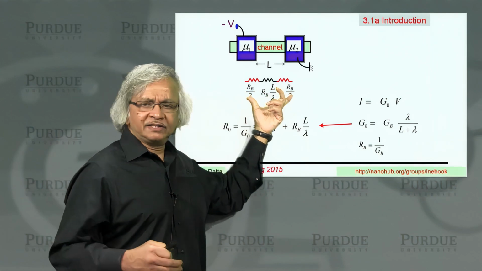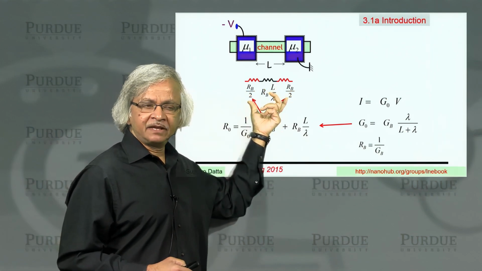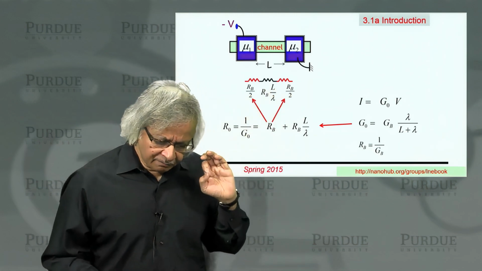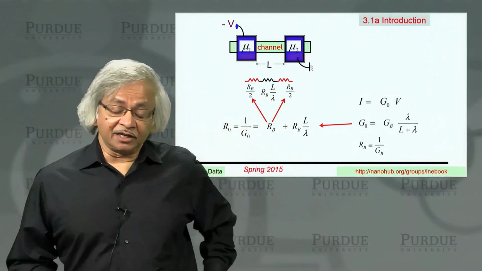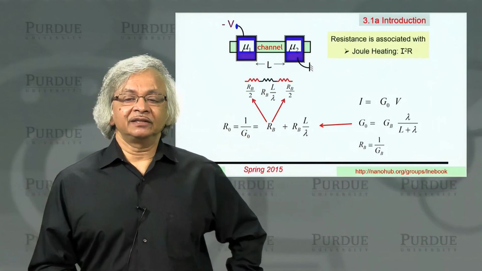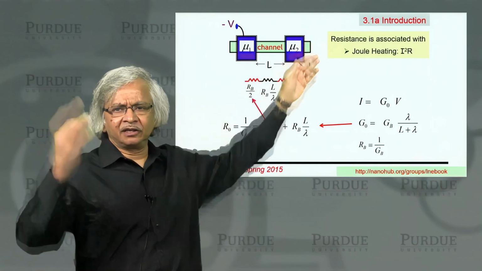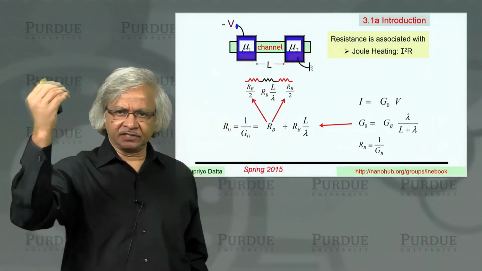Now, why do we say that this constant part is associated with the interfaces? Here we have a major problem that bothers people, because usually we associate resistance with heating. The way we think is, think of a light bulb. It's basically a resistor.